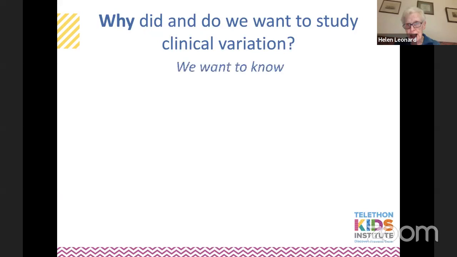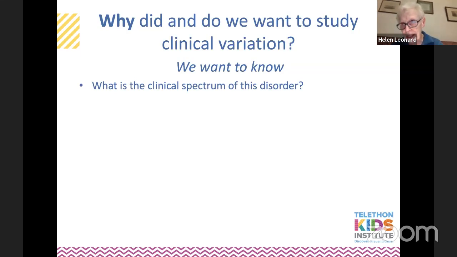So why did we, and still do we, want to study clinical variation? We want to know what the clinical spectrum of this disorder is. Are the children who have epilepsy and severe impairment just the tip of the iceberg? It might be that CDKL5 mutations cause a much milder disease. We don't know.